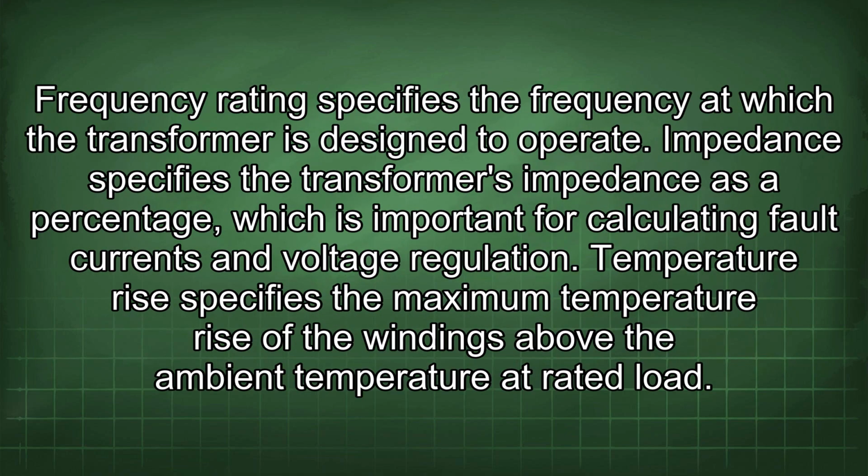Frequency ratings specify the frequency at which the transformer is designed to operate. Impedance specifies the transformer's impedance as a percentage, which is important for calculating fault currents and voltage regulation. Temperature rise specifies the maximum temperature rise of the windings above the ambient temperature at rated load.